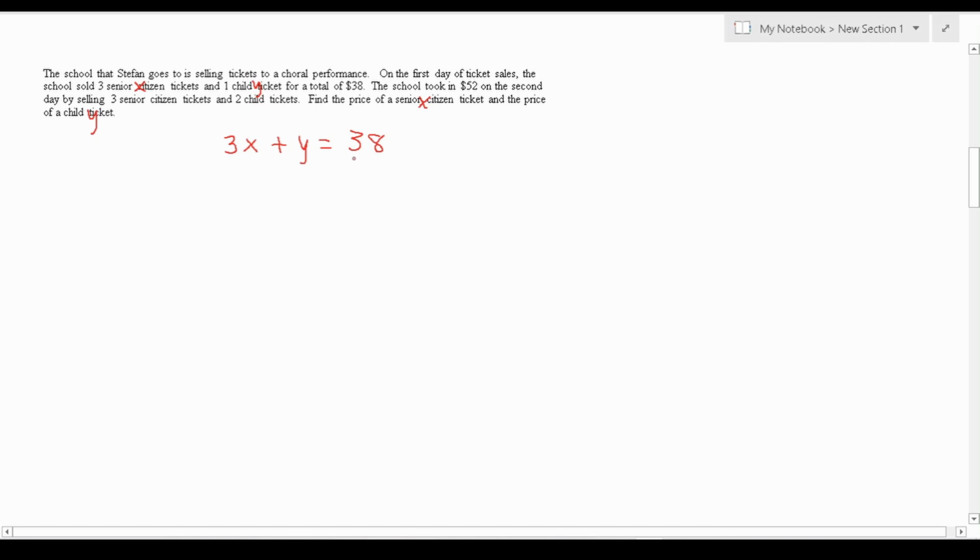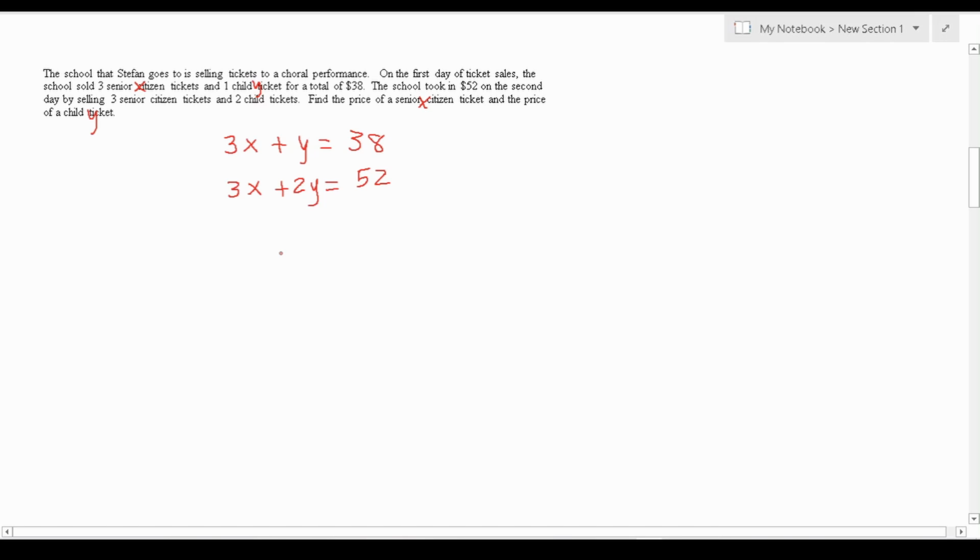And similarly, we can see that on the second day, they took in $52, which would go over here by selling 3 senior citizen tickets, that's 3x, and 2 child tickets, 2y. And thus, we've created a system of equations we can use to solve this problem.